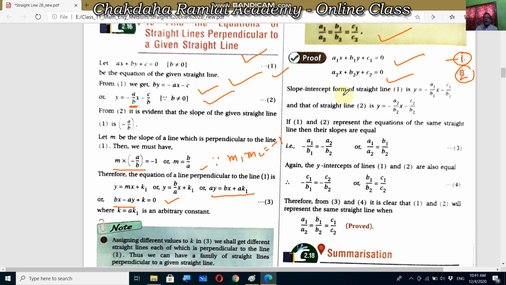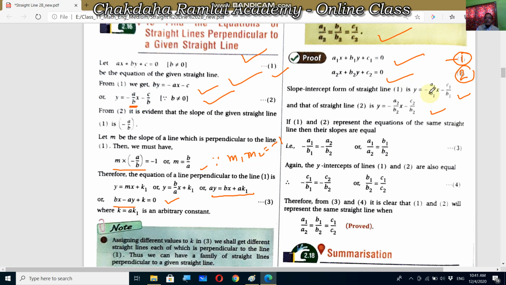The slope intercept form of straight line 1 is y is equal to minus a1 by b1 x minus c1 by b1, and straight line 2 is y is equal to minus a2 by b2 x minus c2 by b2. If 1 and 2 represent the equation of the same straight line, then their slopes are equal.